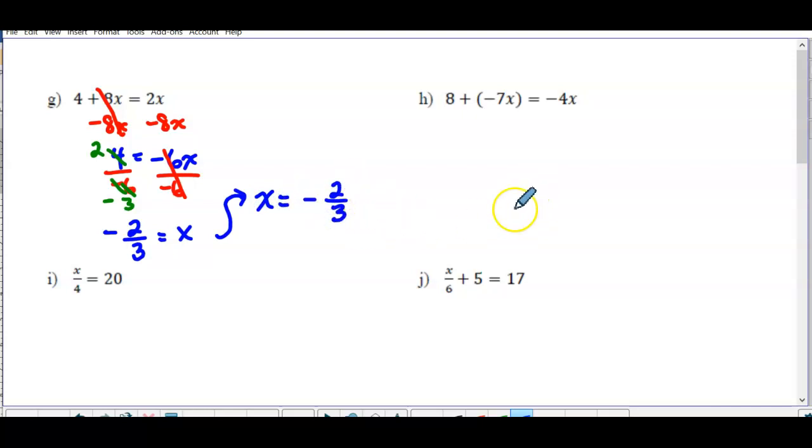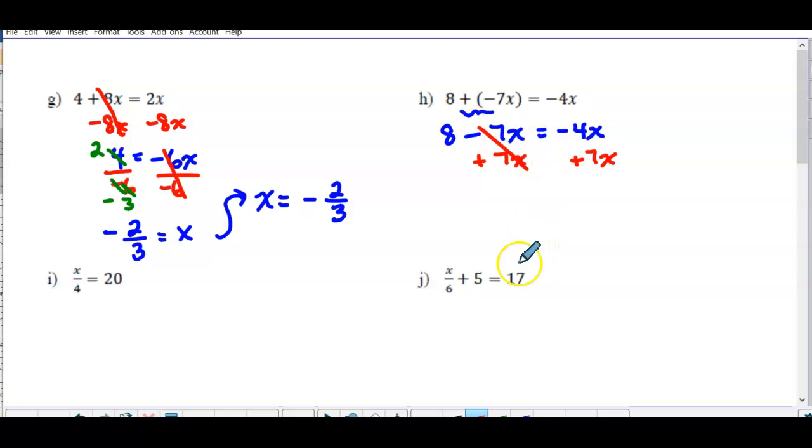Okay. Next one, again, you want to simplify the two operations there. So we've got 8. When you're adding a negative, it's like subtracting. And again, I've got an x term by itself, so I'm going to bring the other one over by adding 7x to both sides.